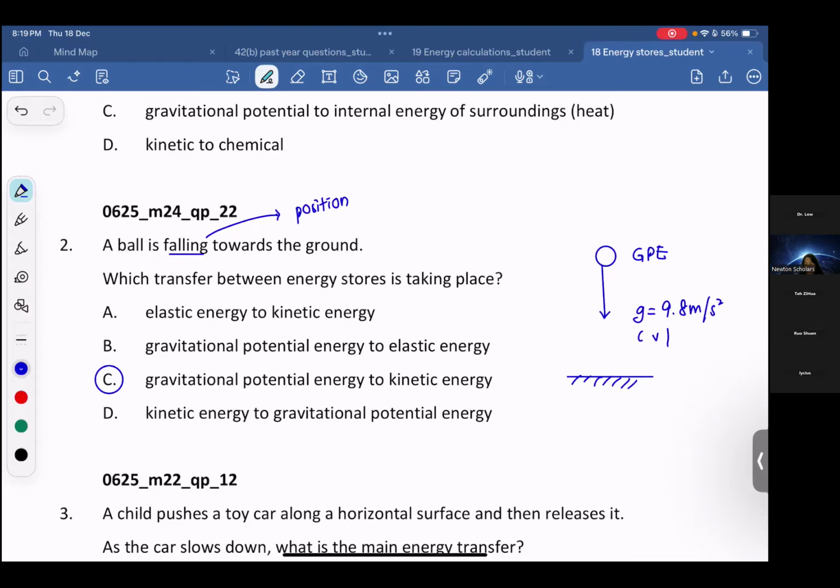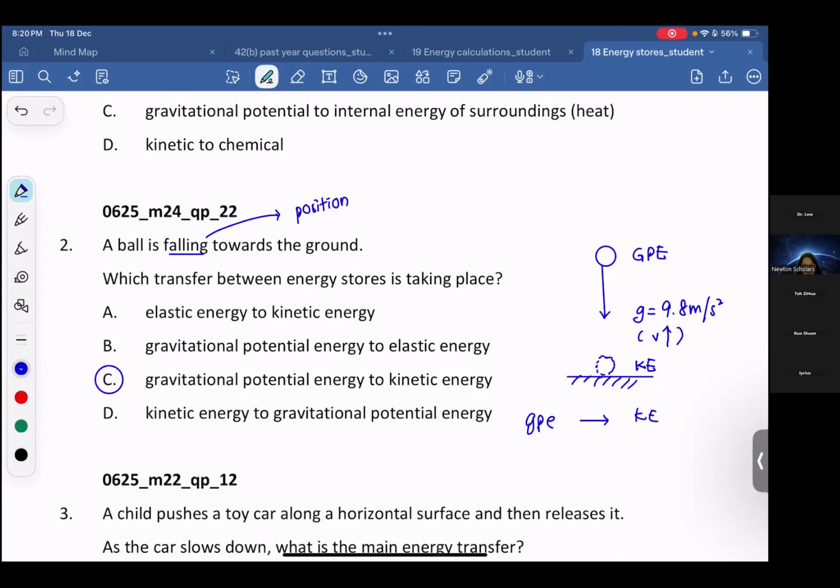Accelerate means speed increases. Speed increases means kinetic energy will increase. So at the end, when it comes to this point, the energy it has is kinetic energy. All the GPE will be converted to kinetic energy. So the answer should be C.